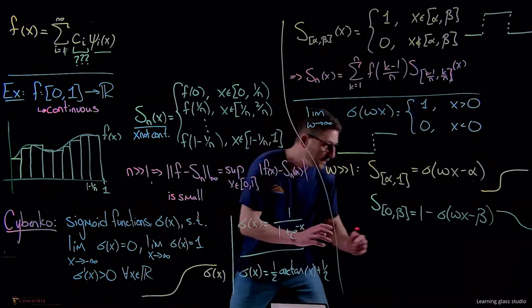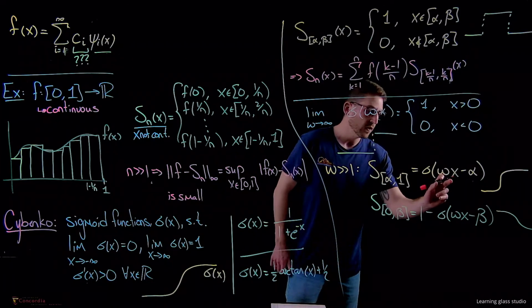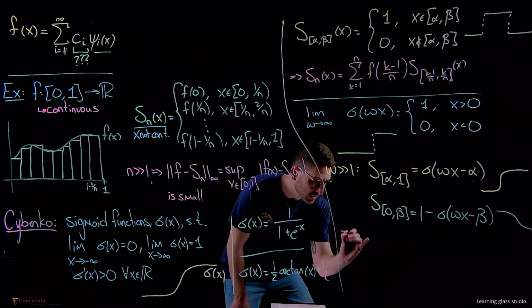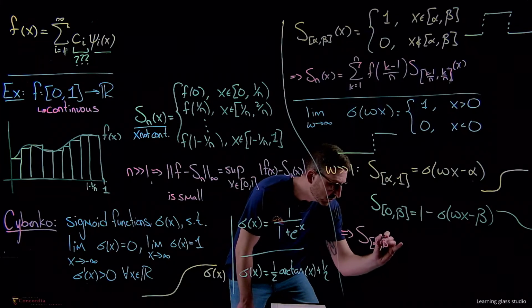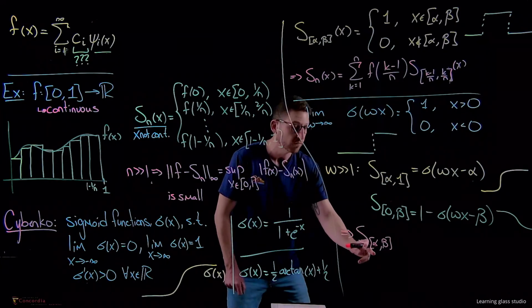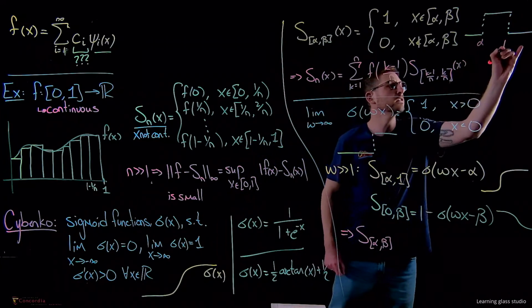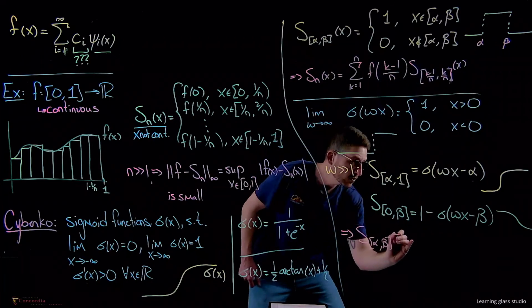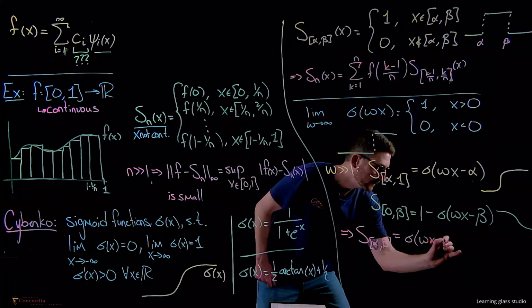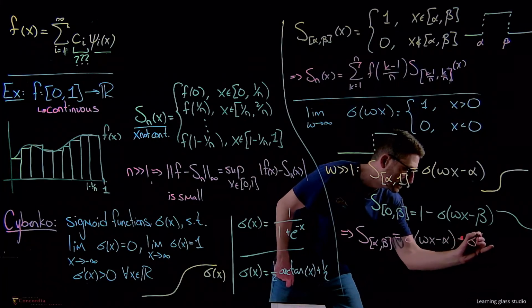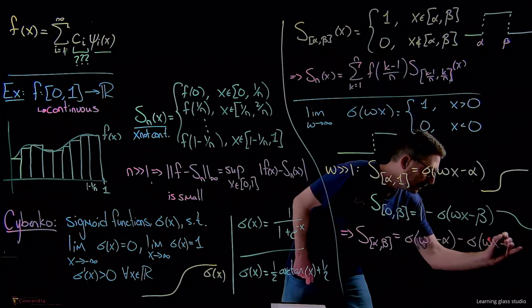But then this 1 could take the place of another sigma function. So it tells me that if I wanted to put both of these together, or just take this little compact interval from alpha to beta, this could be the step up at alpha minus the step down at beta.